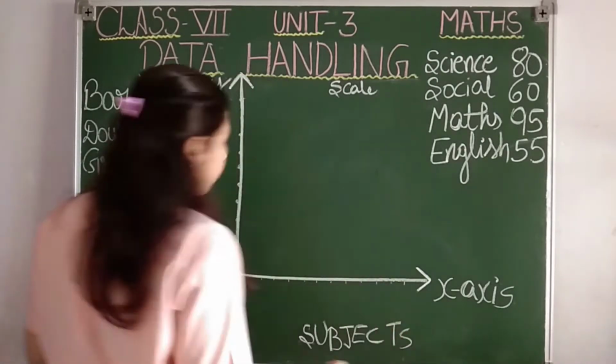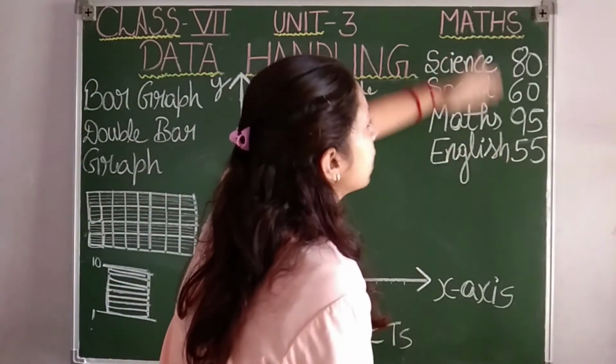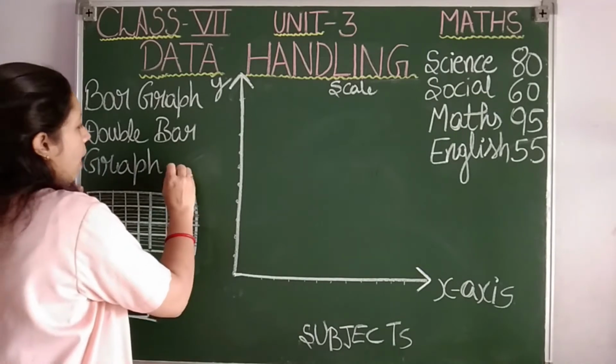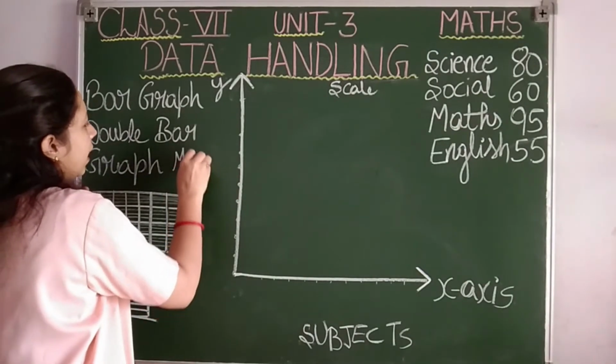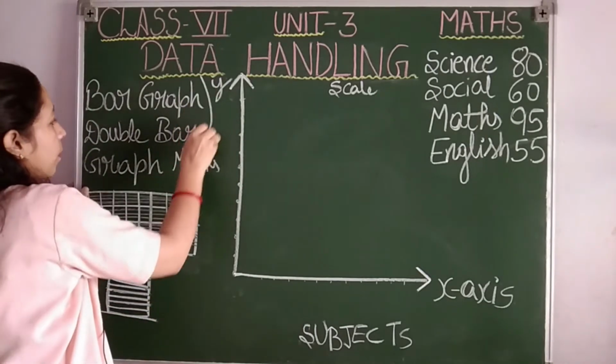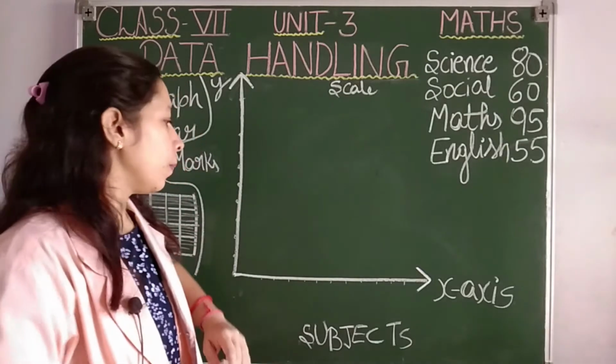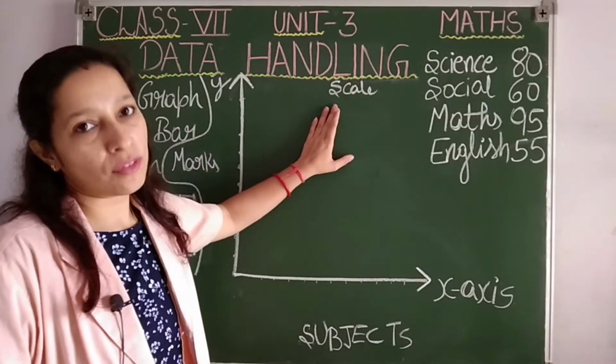Then on the y-axis what should I write? Here I am going to write these numbers. These numbers are marks. So my y-axis will represent marks. Clear students?